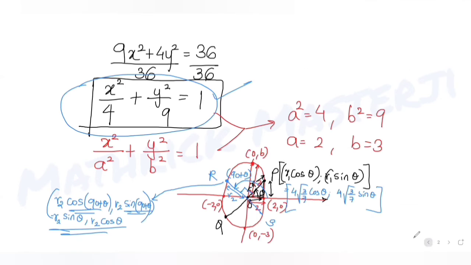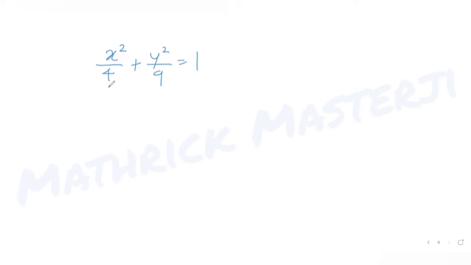So if I put that here, I have my ellipse equation as x square over 4 plus y square over 9 equals 1. So if I put x is R1 cos theta, R1 square cos square theta divided by 4, plus R1 square sin square theta divided by 9 equals 1.